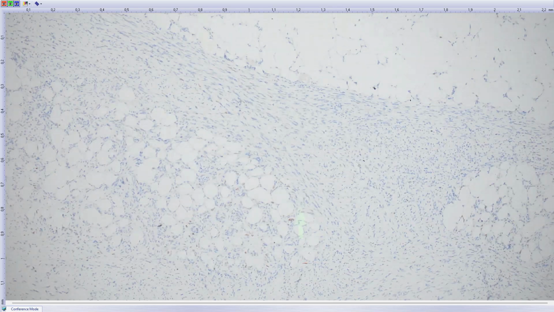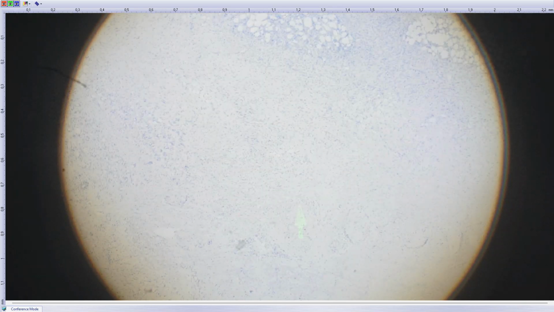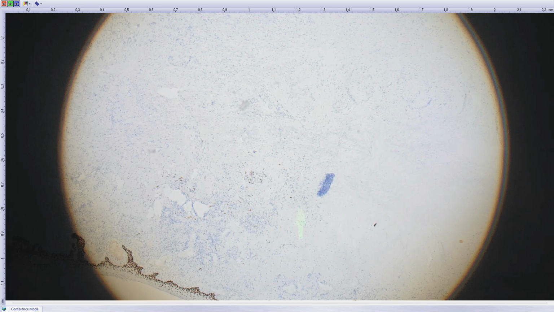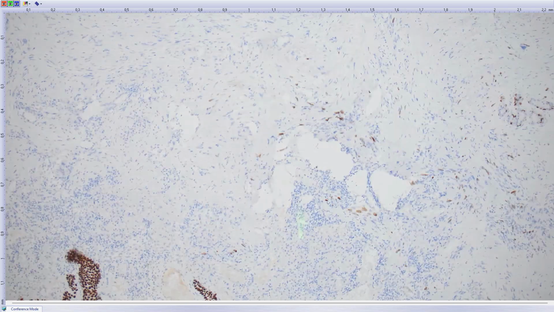The cells that are positive are larger, quite plump, so there's a high chance, or almost certainty, that these are neoplastic cells. So it's not diffuse, but it's positive. The same with p40. In this case, it looked very similar. So these are some adnexal structures, but the cells around here are again positive.